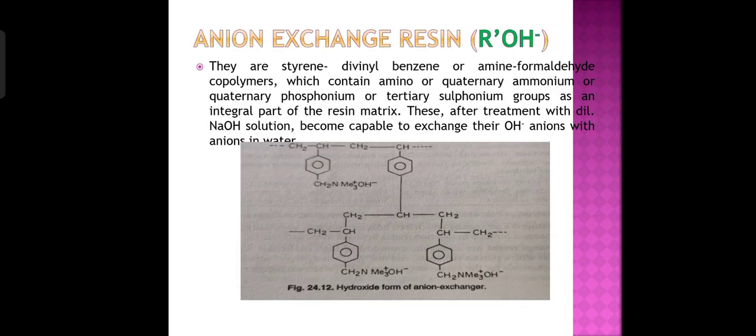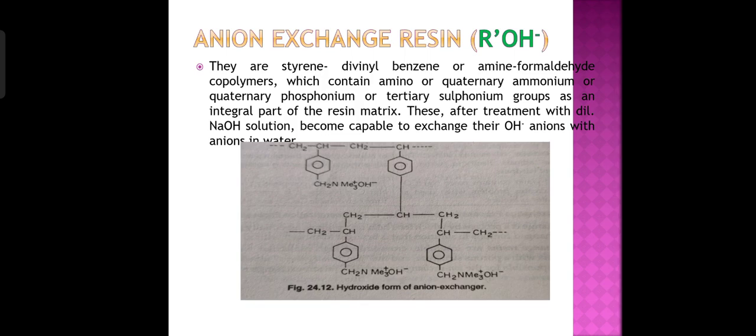Next is anion exchange resins. These are represented as R-OH minus. They are styrene divinyl benzene or amine formaldehyde copolymers which contain amino or quaternary ammonium or quaternary phosphonium or tertiary sulfonium groups as the integral part of the resin matrix.